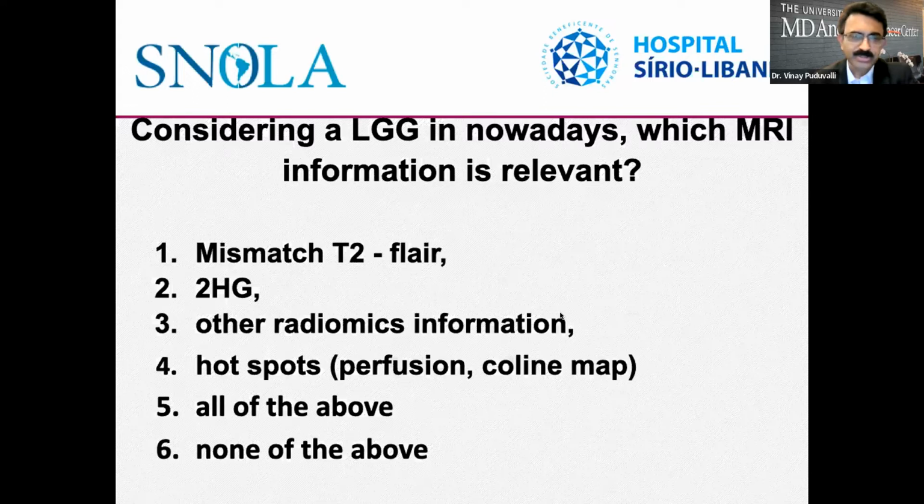Clearly for research, and in centers that have the technology, that may be a good correlative thing, but not necessarily as good. Other radiomic information in terms of advanced imaging analysis, again, is still in its infancy. I don't think we are where we can use that on a regular clinical basis. The hotspot thing is an important thing, using a number of specialties.